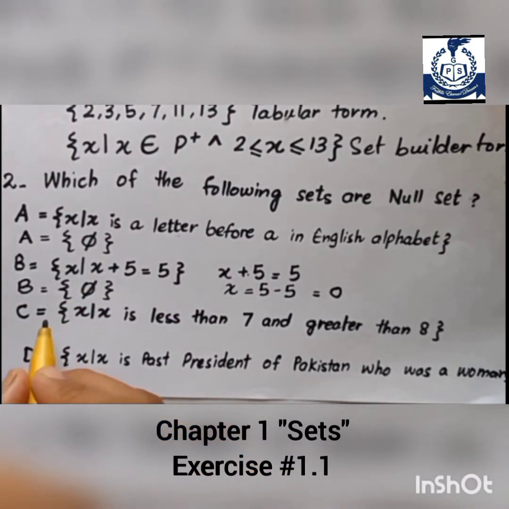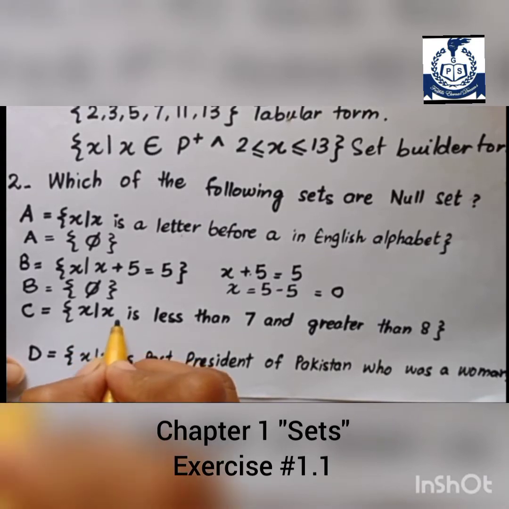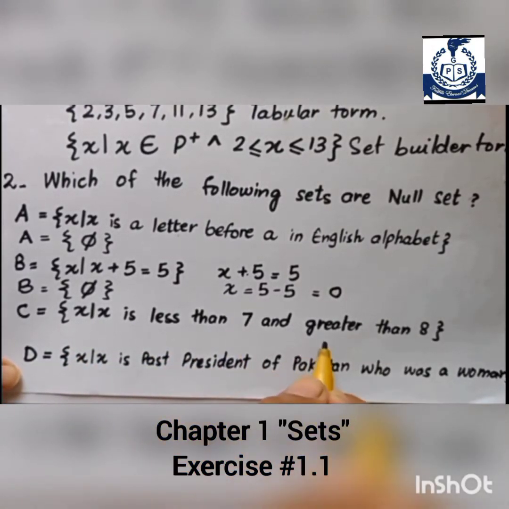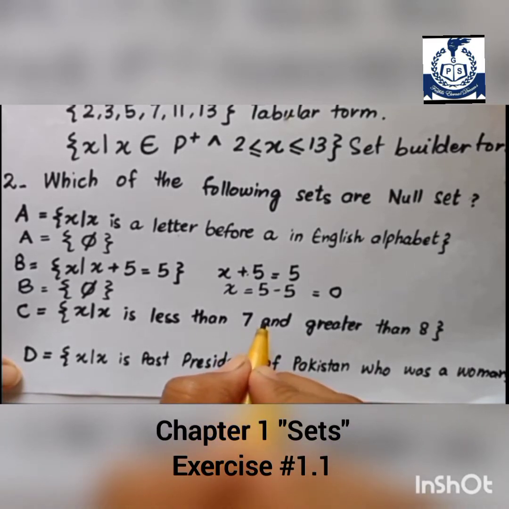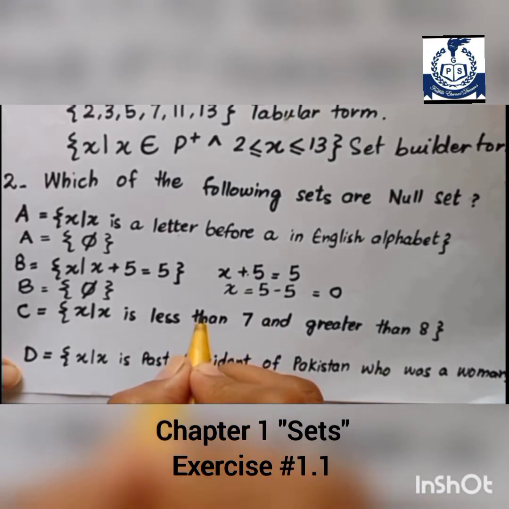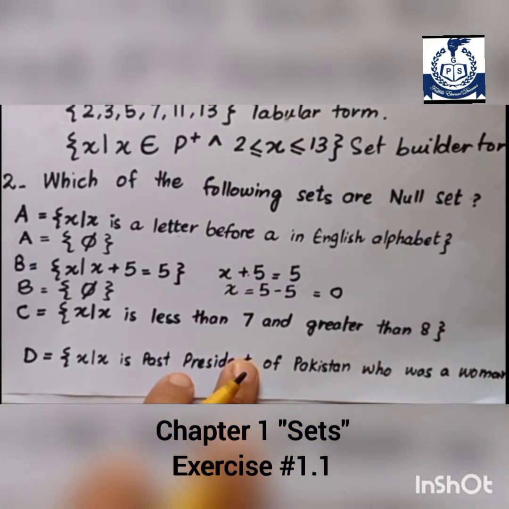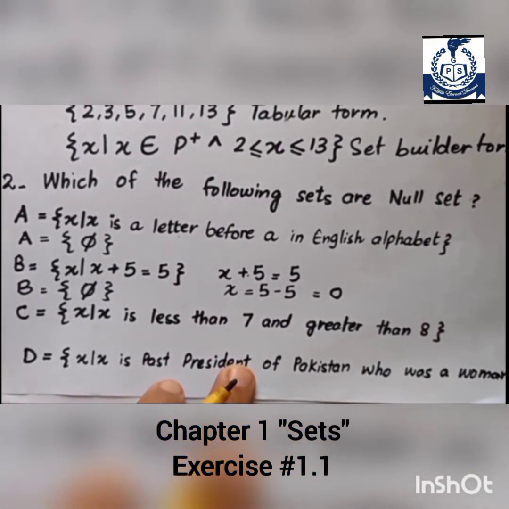Part number C is X such that X is less than 7 and greater than 8. So here we have a condition that we have numbers which are less than 7 and greater than 8. So numbers less than 7 means 1, 2, 3, 4, 5, 6. 6 is less than 7.